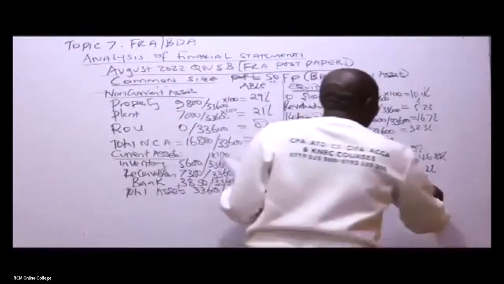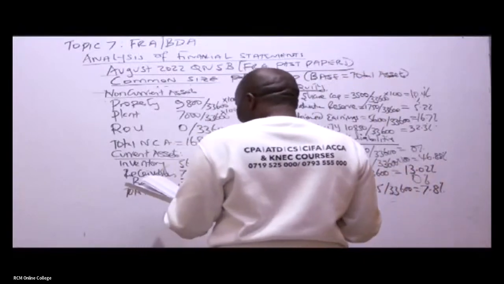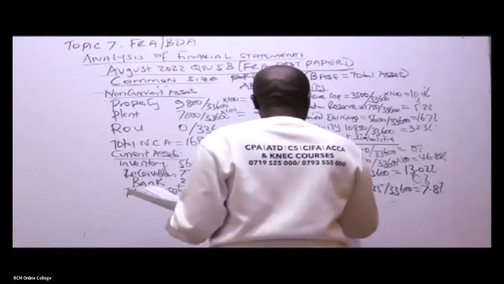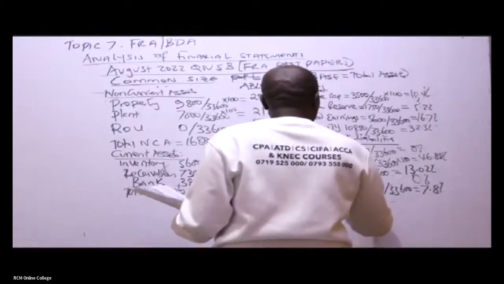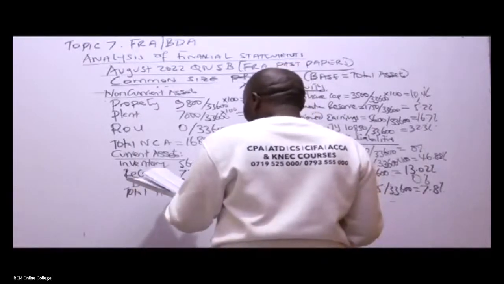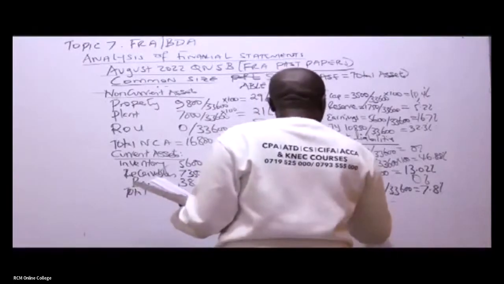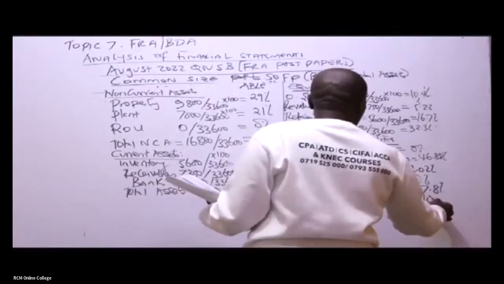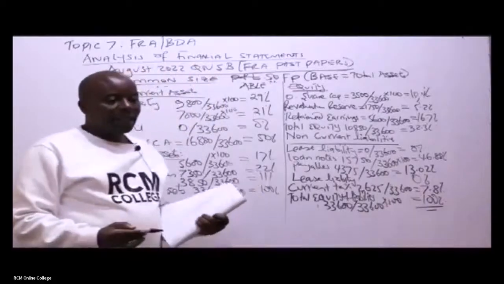Thanks, Felicitas. After current tax, I can see total equity and liabilities. Of course, this will close at 100%, right? So total equity and liabilities, 33,600 divided by 33,600 times 100, which will end up giving us 100%.